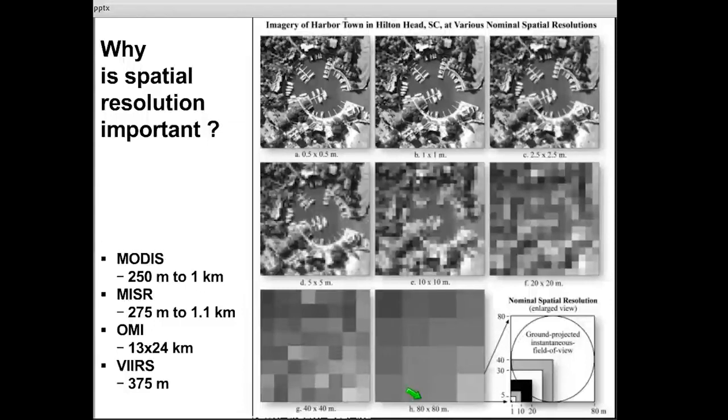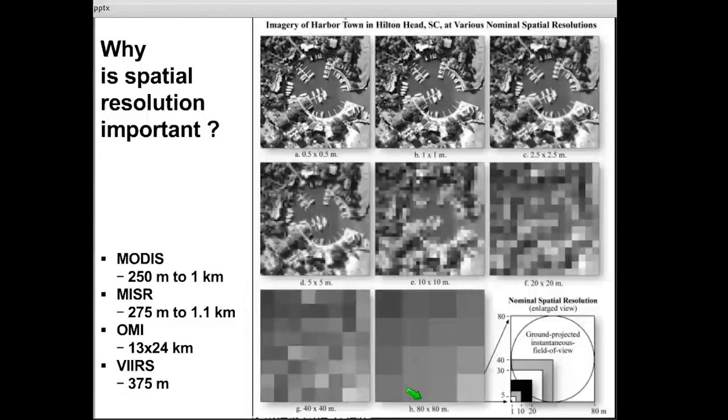But what you see here is, as we start increasing the pixel size, or in other words decreasing the spatial resolution, the clarity, or the ability to distinguish different parts of the image clearly, gets lost, and we start getting the image more fuzzy or hazy.